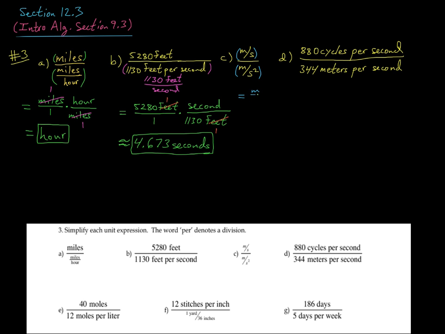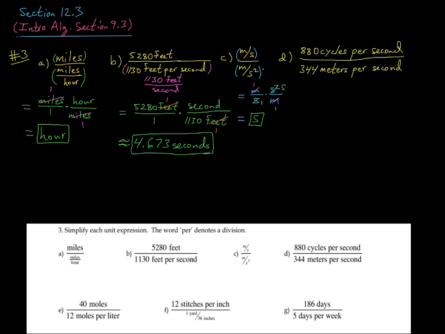I'm going to do this as meters per second times the reciprocal of this, which would be seconds squared divided by meters. Now the units of meters divide out, and for seconds I get a 1 there and a seconds there, so that leaves me with a unit of seconds.